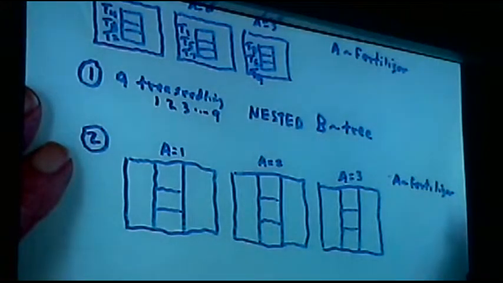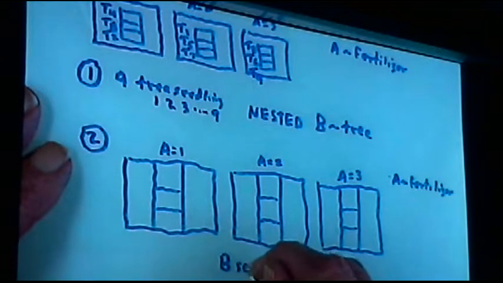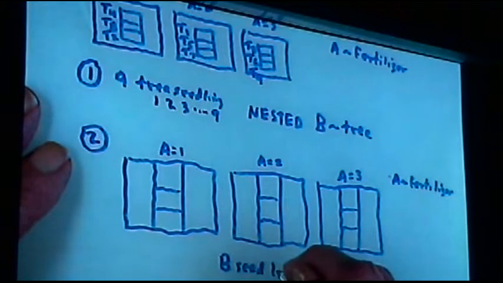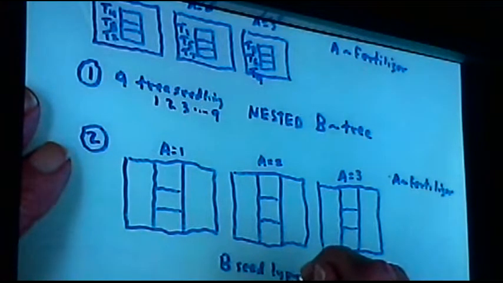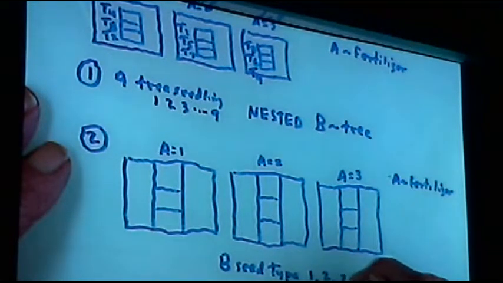Now, factor B here is something different. Suppose it's type of seed. And we have three types of seeds that we can use.